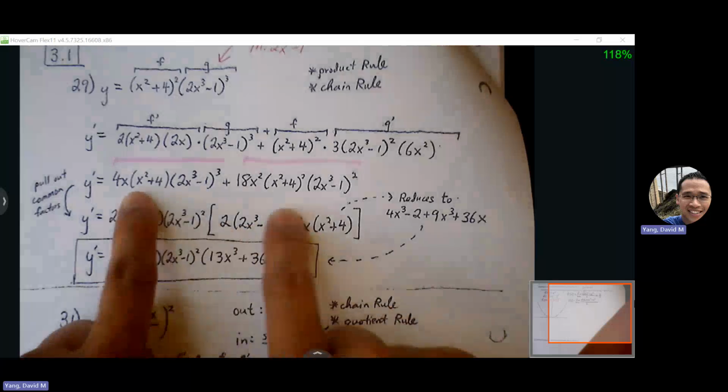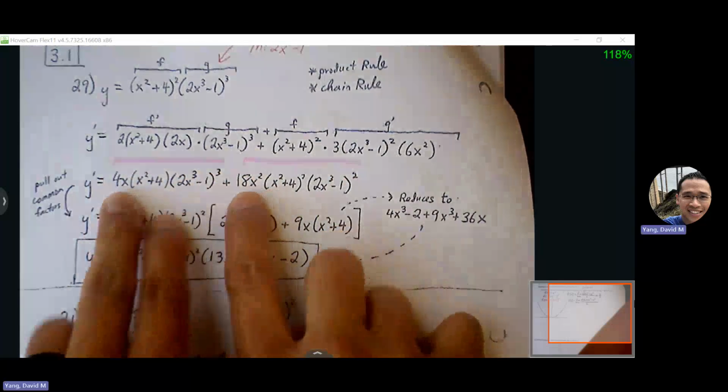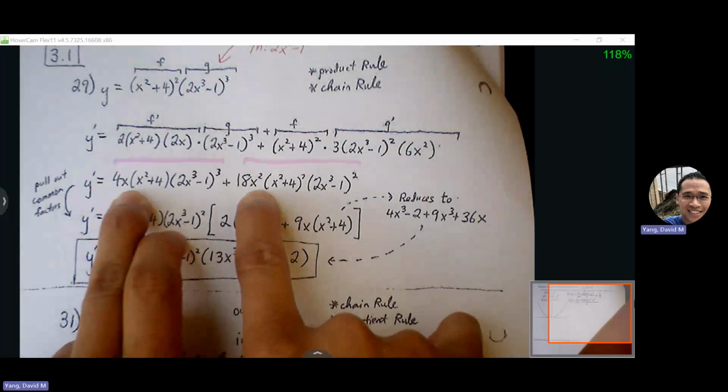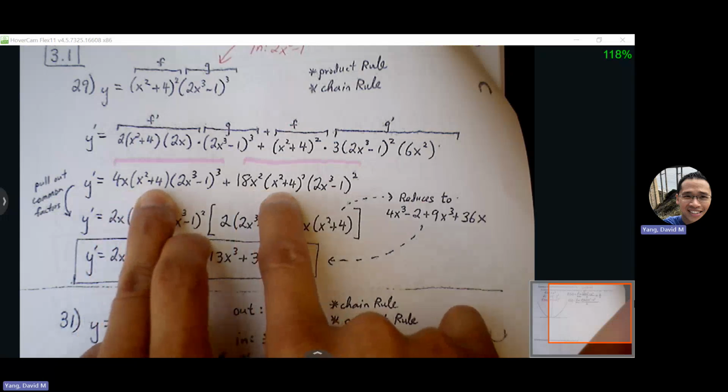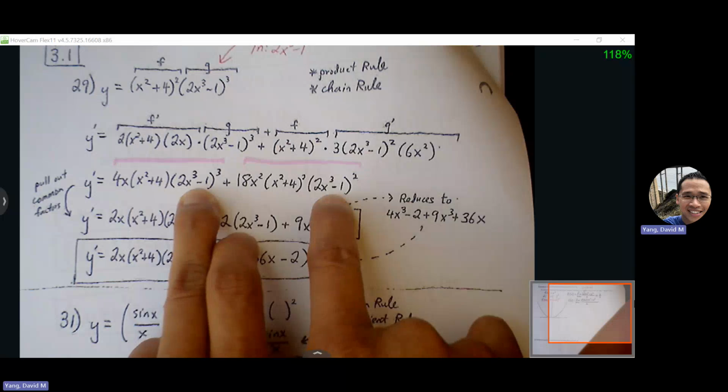lot faster. So for instance, between these two expressions that I have highlighted, there's a shared 2 between 4 and 18. There's a shared x between x and x squared. There's a shared set of parentheses, x squared plus 4 to the first power, and I can take 2 of the 2x cubed minus 1 squared out.